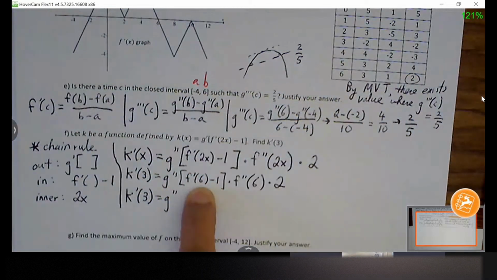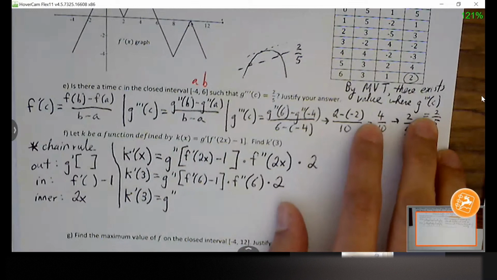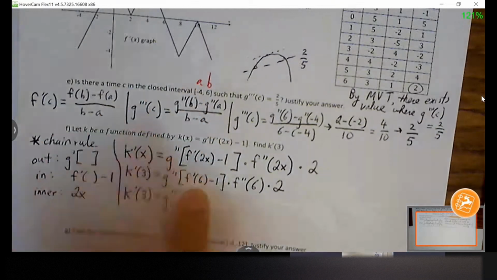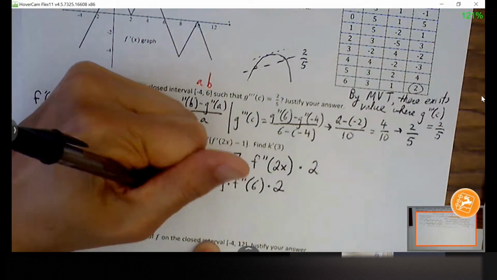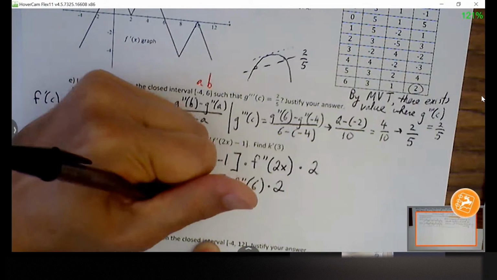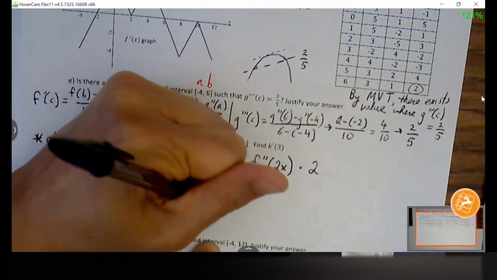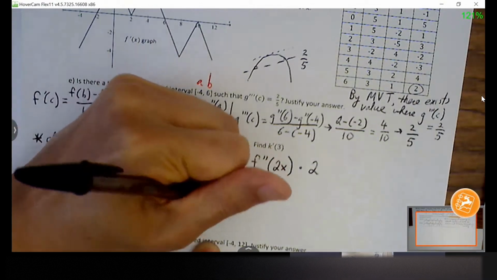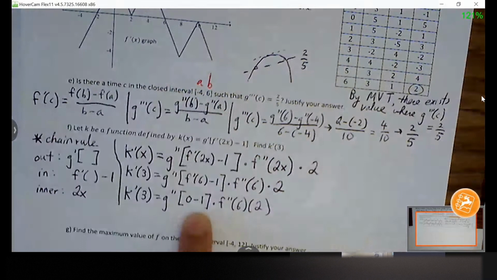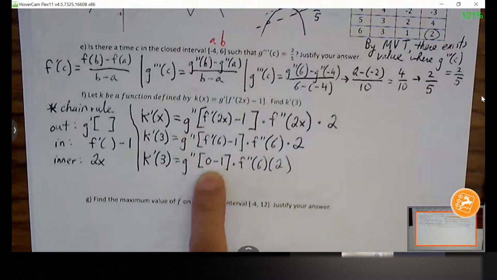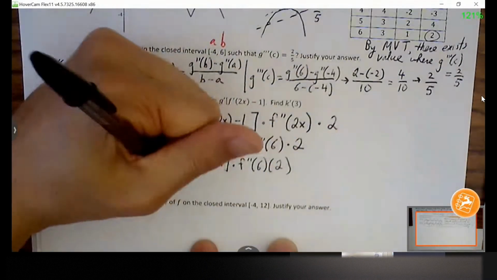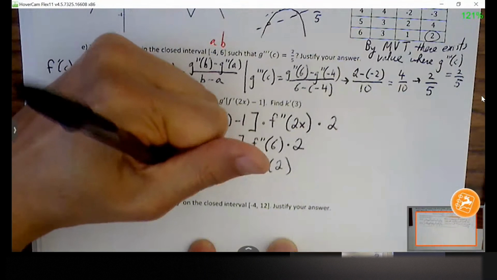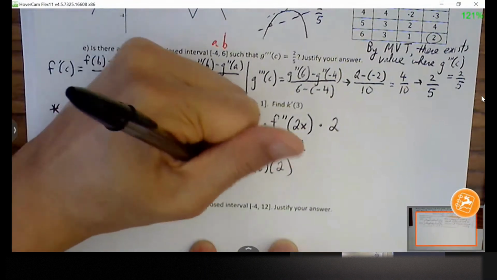Okay, so F prime of 6. Let's handle that first. What did you guys get? 0. Okay, yeah, so that's 0. So it ends up being 0 minus 1. Okay, so the 0 goes away. I'm just left with G double prime of -1. I'm probably putting in more steps than is necessary.